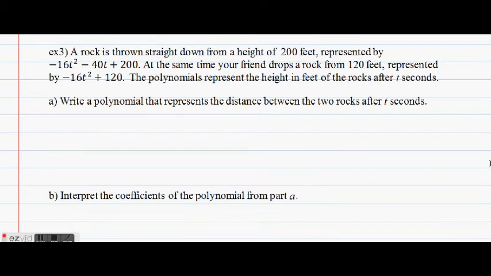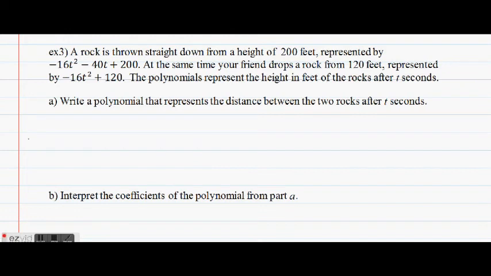Alright, so for part A, write a polynomial that represents the distance between the two rocks after t seconds. Well, how do we represent distance between two things? If I have something here and something there, and I'm trying to find the distance between these two things, couldn't I just subtract?